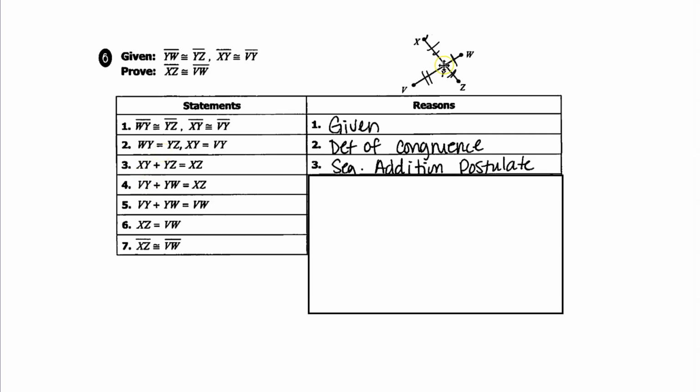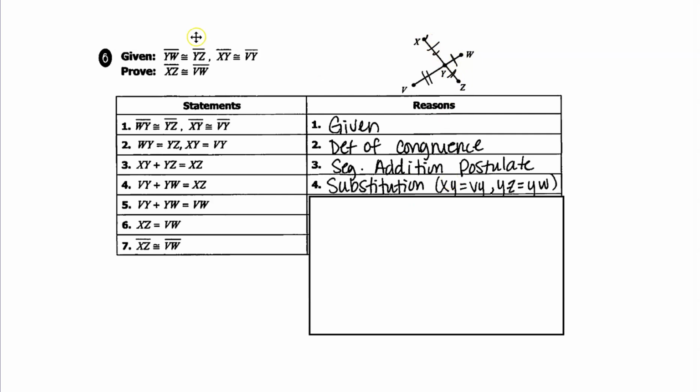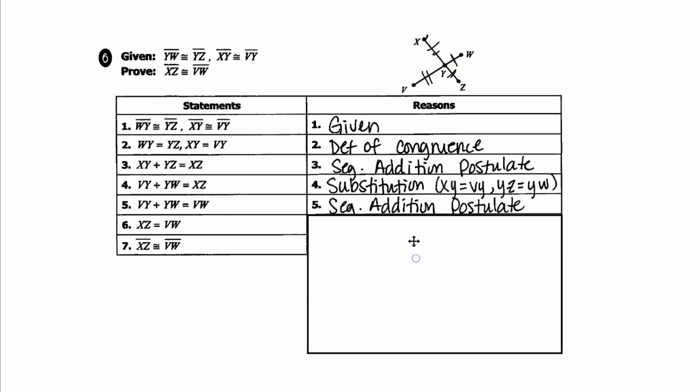So YV plus YW equals XZ. Oh, so we're just substituting because we know that they are equal from this step here. Then we have VY and YW equal VW. That's your midpoint again. Segment addition postulate because Y is the midpoint.